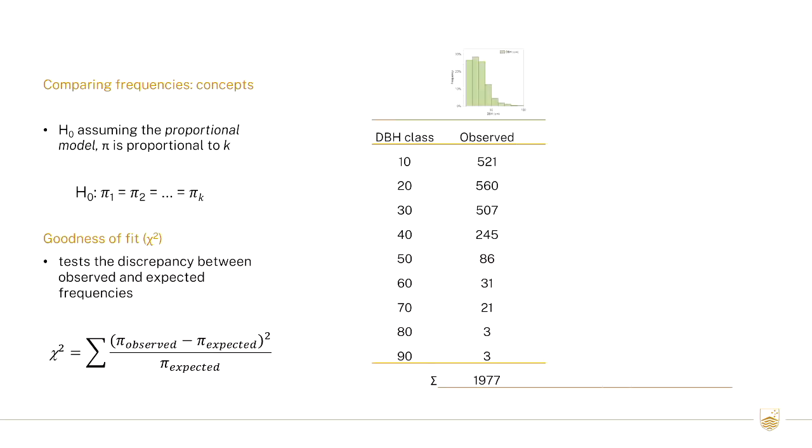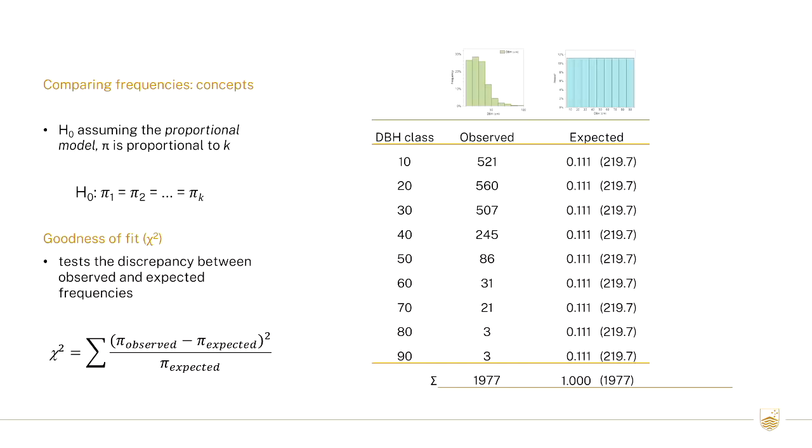So we might go about it this way, where we make our observations in our diameter data. There are our observations. Based upon k number of categories, we arrive at a constant proportion that we are expecting within each diameter class. And you can see down the bottom here we have 1,977 observations.